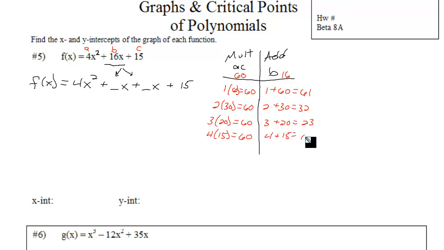Getting warmer, getting closer. 5 goes into it 12 times. Six goes into it 10 times.